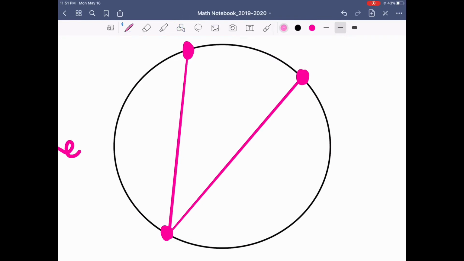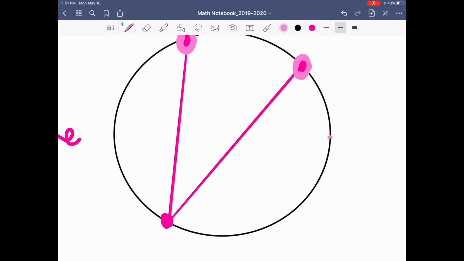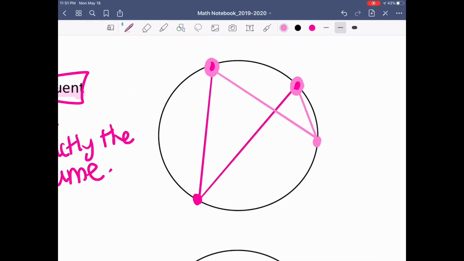Inscribed angle number 2, they have to have the same arc, right? So point 1, point 2, I'm going to put the third point right here. I'm going to connect them. So chord and chord.